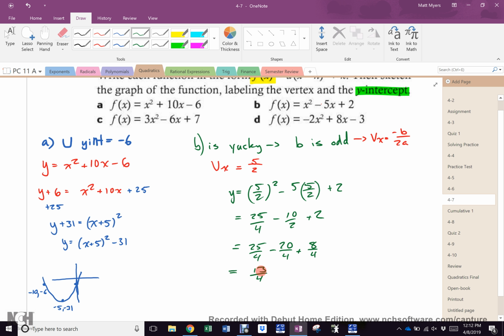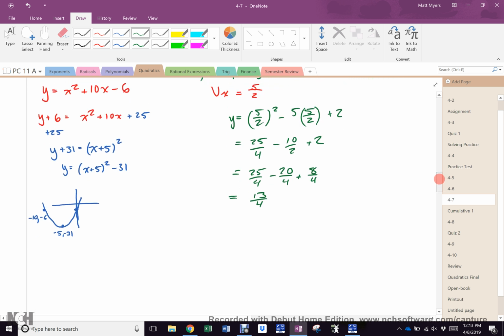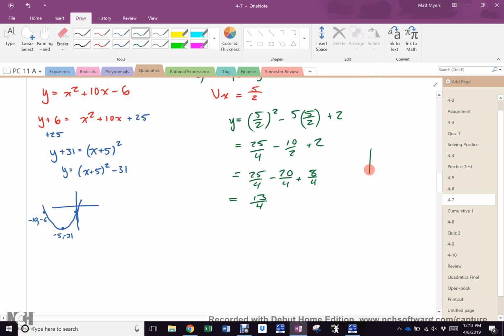Do I now know my vertex? Do I have both components of the vertex? What are they? 5 over 2 and 13 over 4. So now I could graph it. I would go out to 5 over 2 and up to 13 over 4.